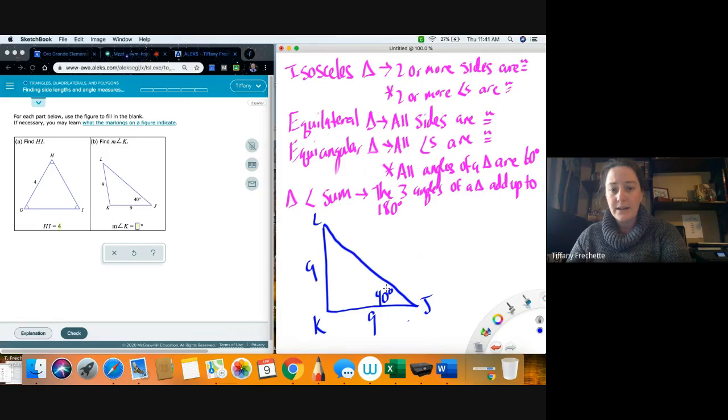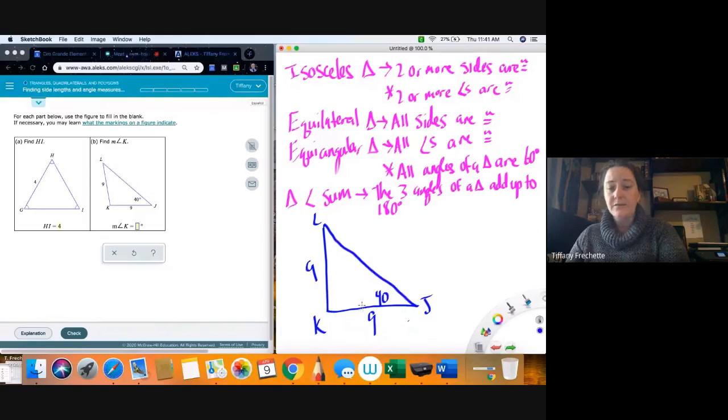Okay, and they want us to find, which is right here, angle K. So if we know that this is 9 and this is 9, even though they don't give us these tick marks, 9 is equal to 9. So I know if I go opposite, I have 40 degrees. If I go opposite, I have another 40 degrees. So these have to be the same. Sorry, it's a very ugly 40 degrees.